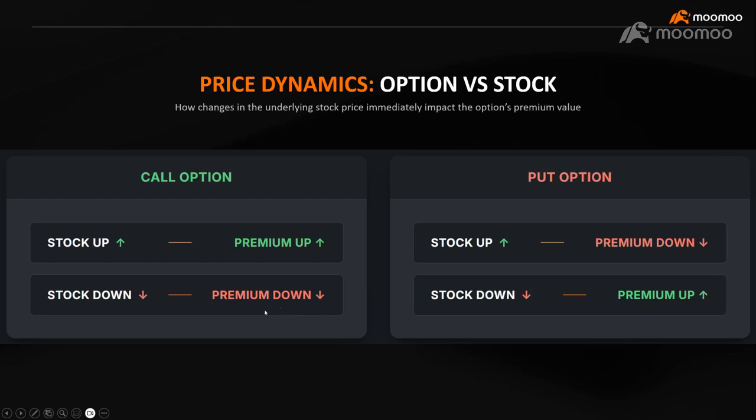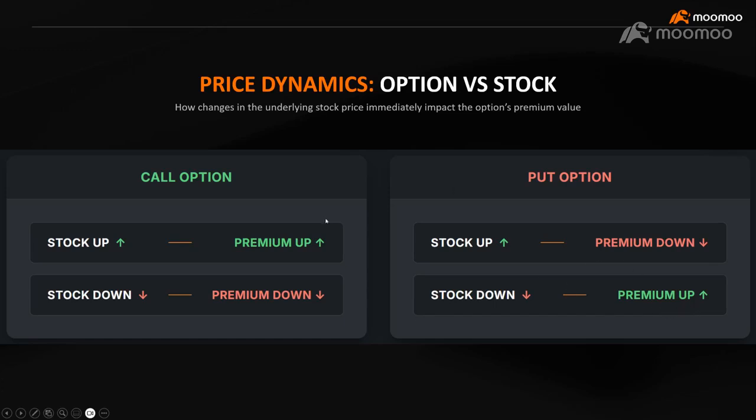For put options, when the stock goes up, your put option premium will be going down. But if the stock goes down, then the premium of the put option will be going up.